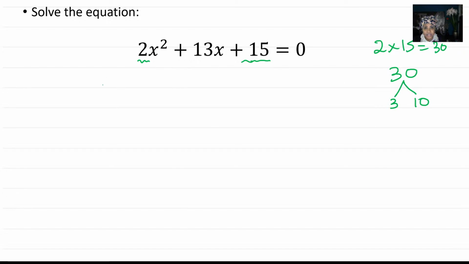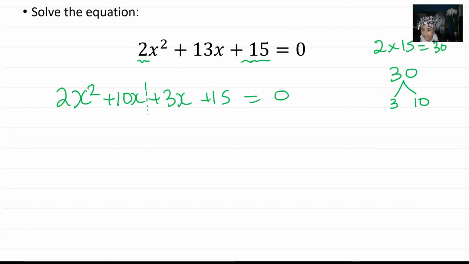So we're now going to rearrange this. Okay? We're going to write 2x squared plus 10x plus 3x plus 15 equal to 0. We're going to have our border right there, okay? And then we're going to factorize that side and then factorize this side.